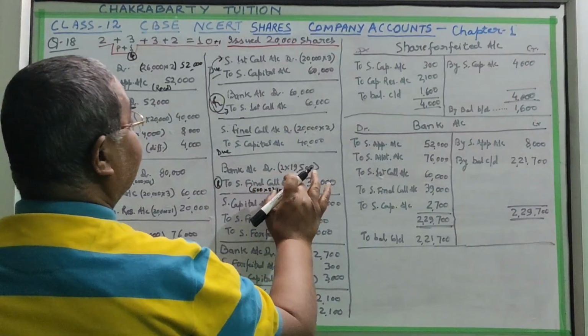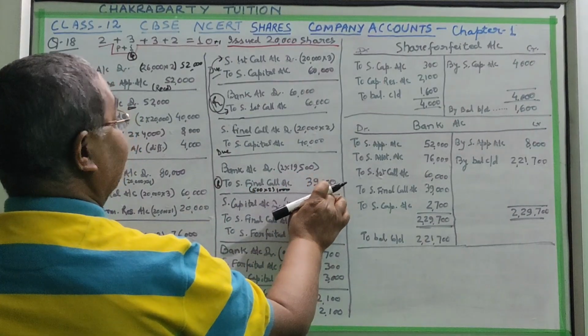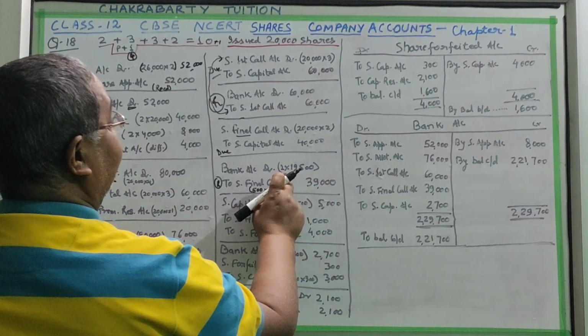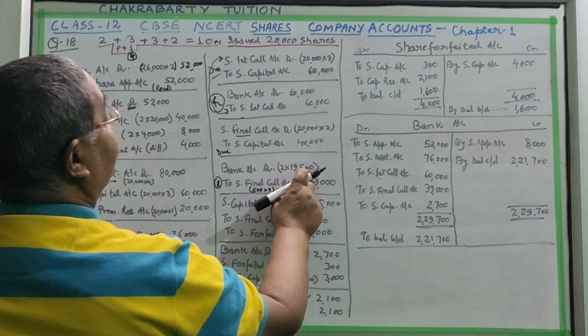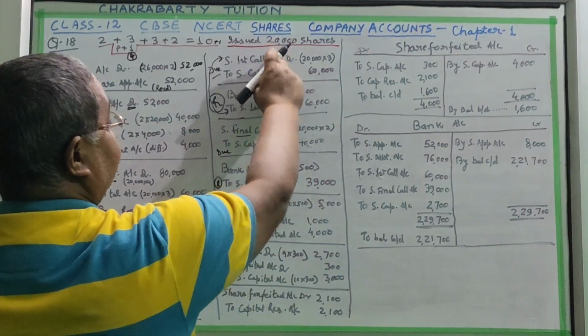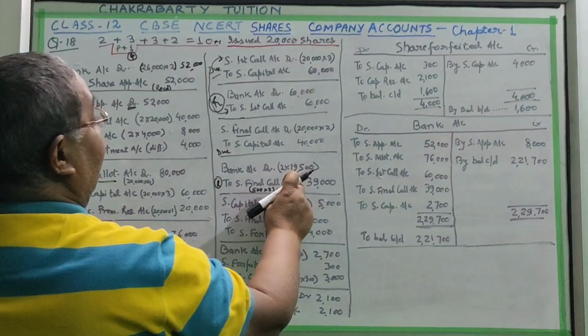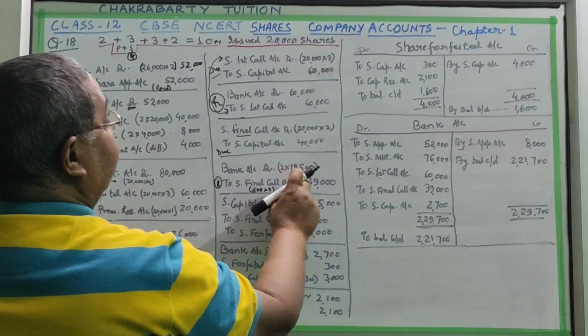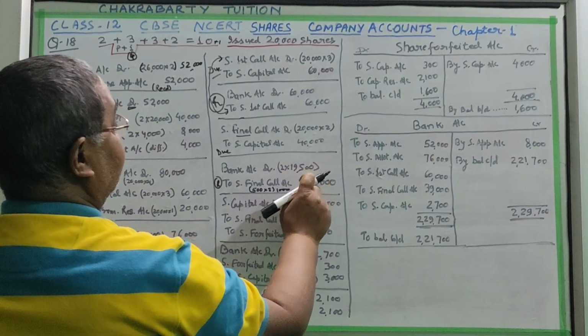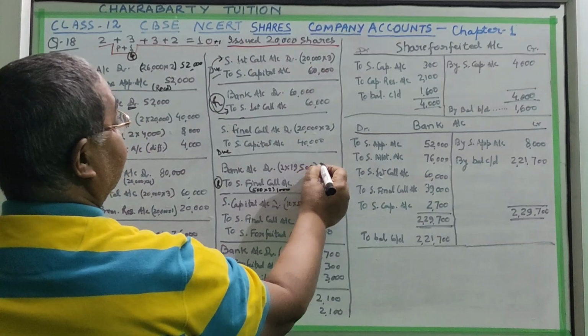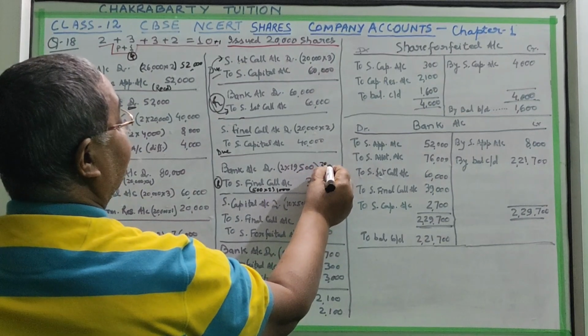So how much will you receive? You will receive only 39,000. That's why we have multiplied 2 into 19,500 shares, because 20,000 shares are there and 500 did not pay. So 19,500 people paid, so the amount comes to 39,000. So here you have to write 39,000.